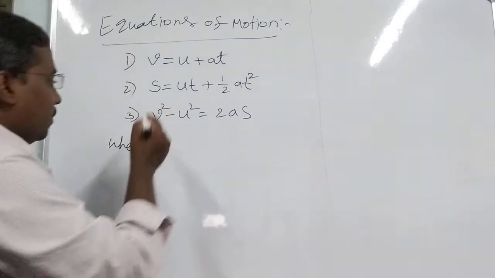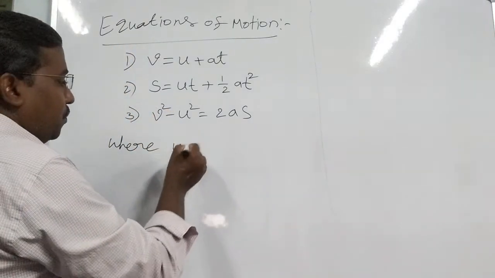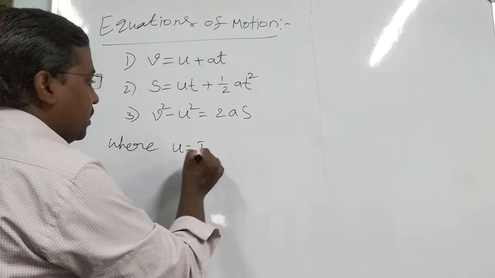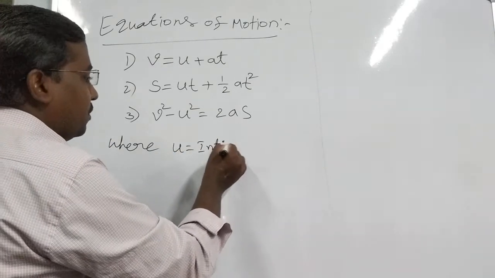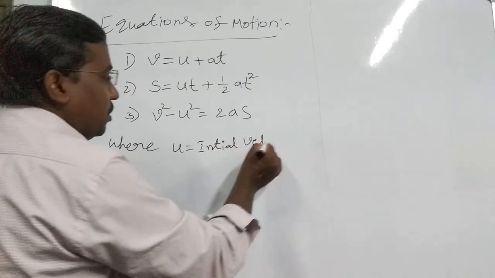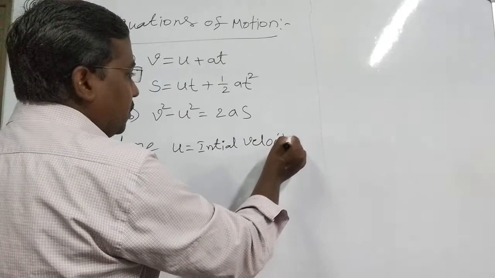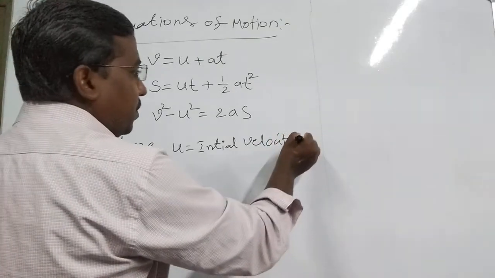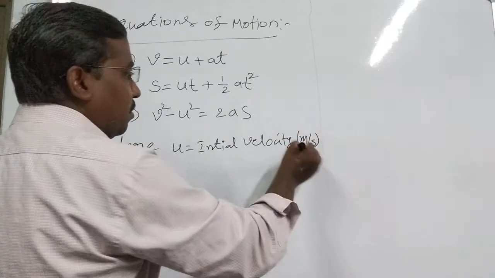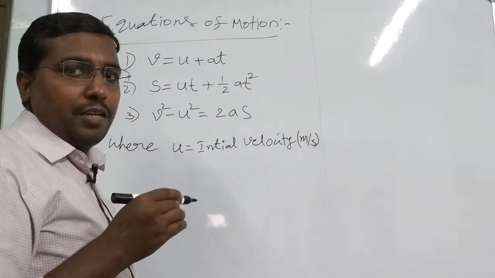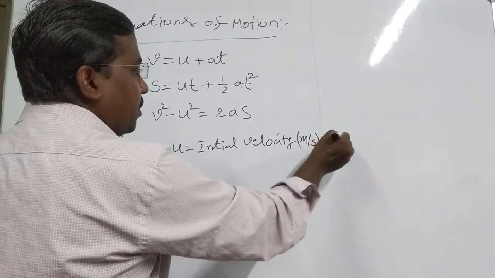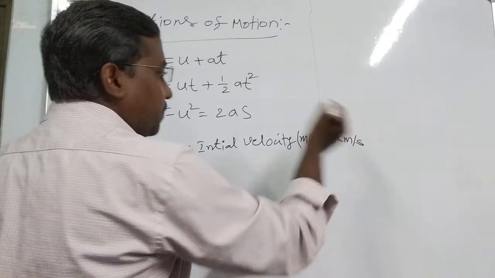What is u? u is the initial velocity, measured in meter per second or centimeter per second.